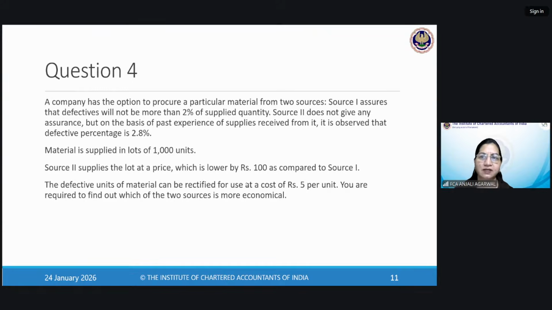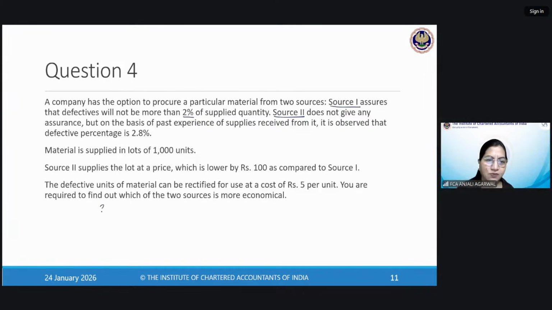Here, let's take a look at one particular question. Like we said that the purchase department will look at various vendors. So here you have two sources or two vendors. A company has the option to procure a particular material from two sources, like two vendors. Source one assures that defectives will not be more than 2% of the supplied quantity.